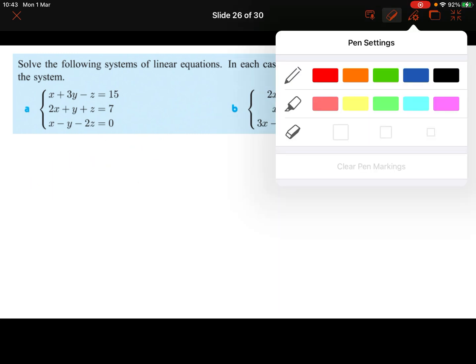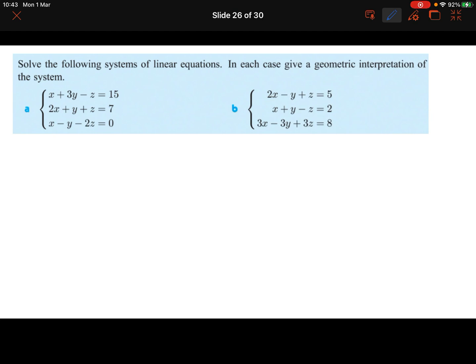Okay, no parallel planes. So again, let's try and solve. So 2x minus y plus z equals 5. Got x plus y minus z equals 2, and 3x minus 3y plus 3z equals 8. So it's equations 1, 2, and 3.